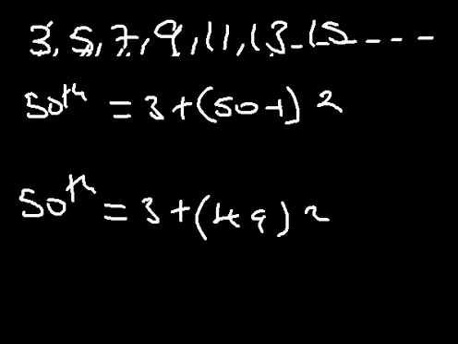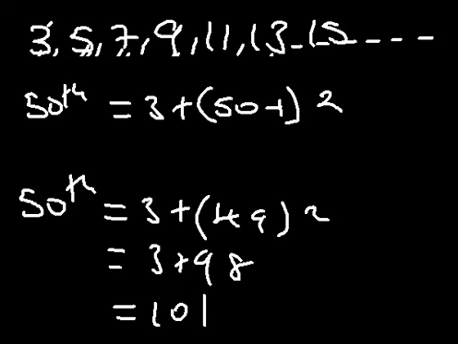So what is 49 times 2? 49 times 2 is 98. So 3 plus 98 is 101. So for this particular series, the value on position 50 is 101. So that is the principle behind it.